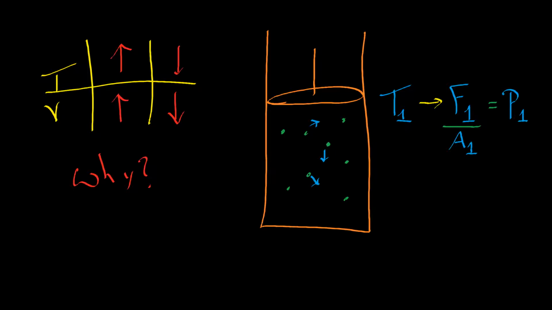Now that pressure is being exerted in all directions on all the walls of the container, including the piston up top. Now what's it pushing against? In the case of the walls, the container is rigid. The walls are fixed, so it's pushing against the container itself. But the piston is not rigid. It's not fixed. It can move around. So it's being held in place by the air outside of the cylinder. Okay?